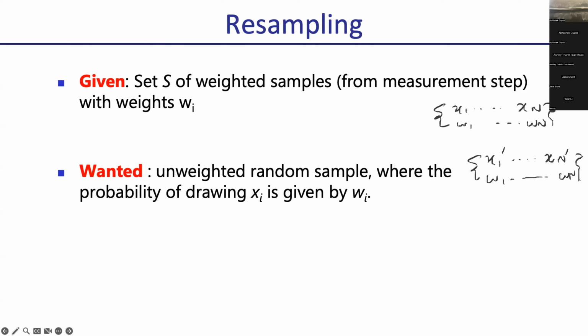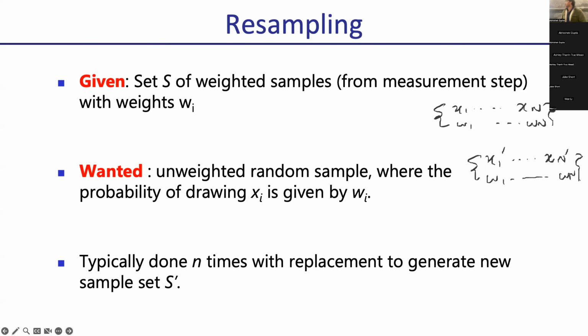If we're having this issue of particle deprivation in bad parts of space, then if we do resampling, the particles get moved to the parts of the space that are higher. We want to go from a weighted set of particles to an unweighted set of particles that represent the same thing. And in doing that, your particles are going to the parts of space that matter.